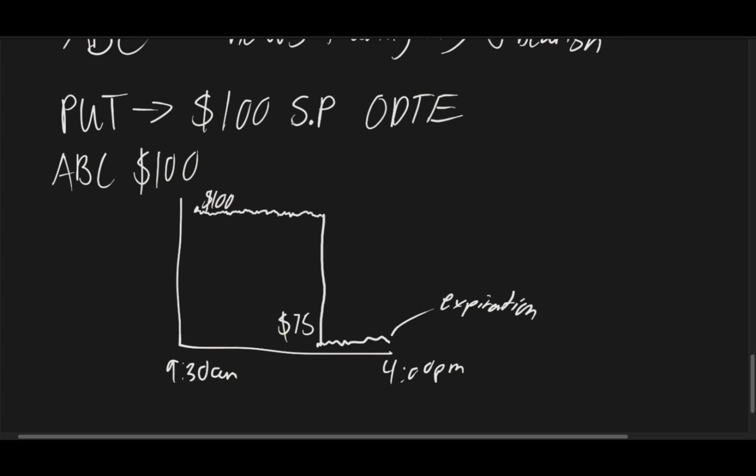Basically, options are worth less the closer and closer it is to the day. I don't know what the premium would be, but let's just call it $1 premium. You have $1,000, and each option controls 100 shares, so that's $100 per option. Let's say you buy 10 of these options, right?